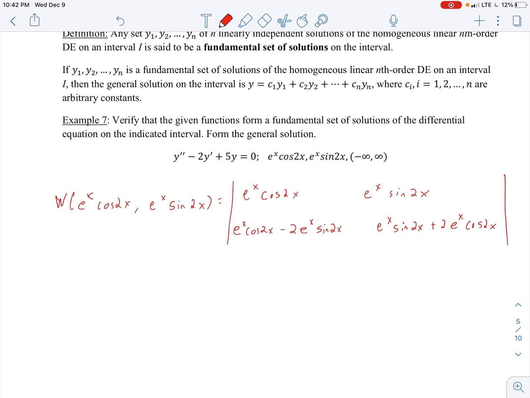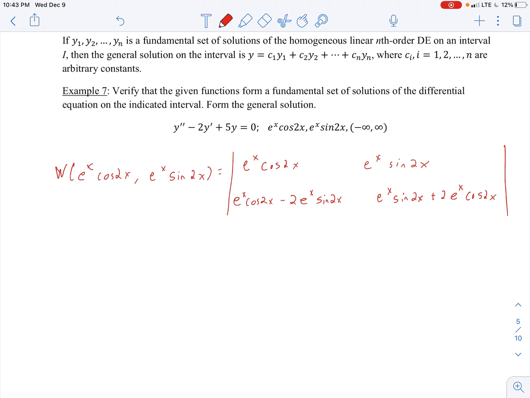All right, so now let's go ahead and do the determinant, cross multiply.